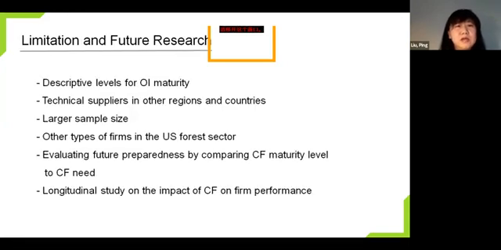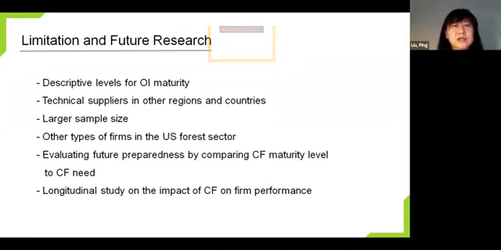The limitation and the future research. Because in the literature the open innovation maturity is in descriptive levels, we used a 5-point Likert scale. So our result is still preliminary. And also our respondents are only equipment and technology suppliers in the US forest sector.